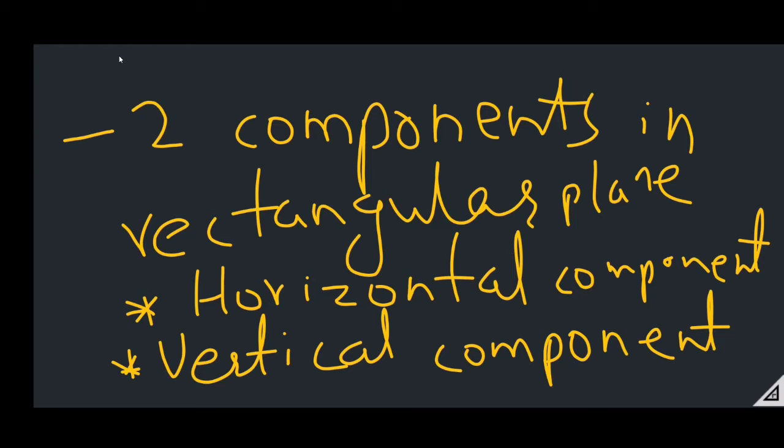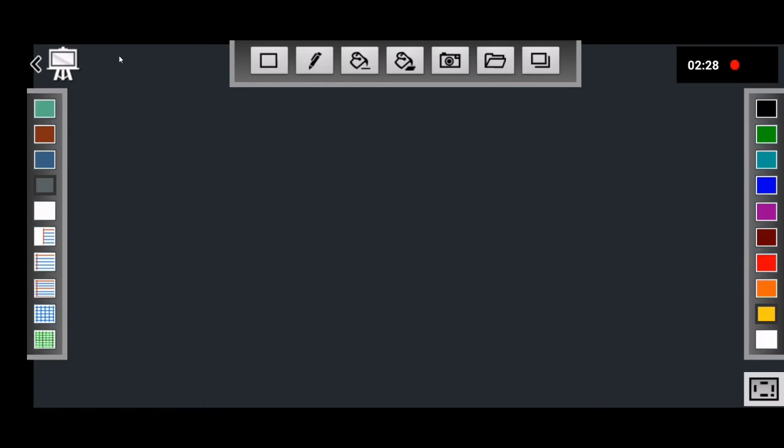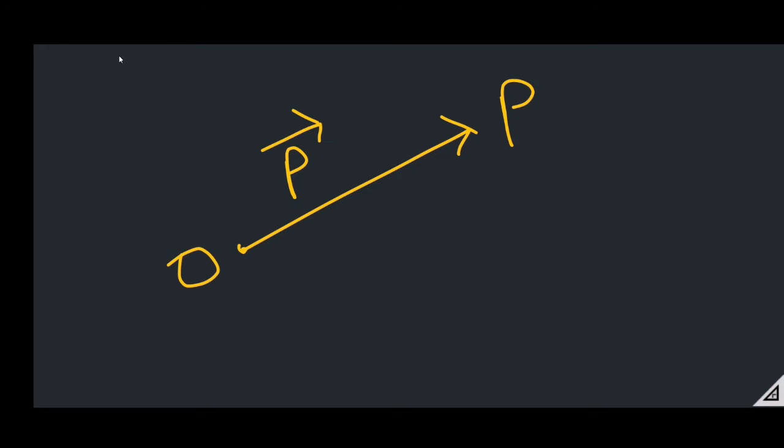I am going to clarify with figures here. Suppose here we have a vector like this. Let's say O is the origin and here is point P, and suppose this is the P vector along this direction. This is the x-axis.